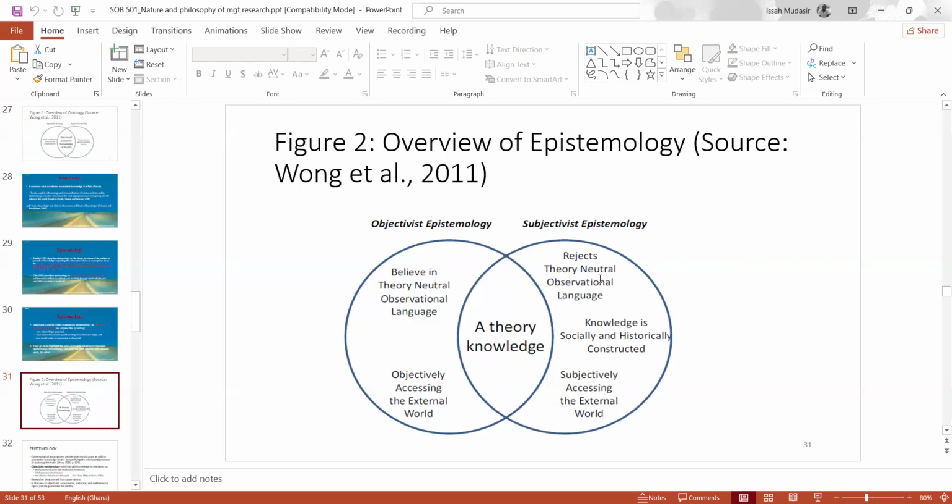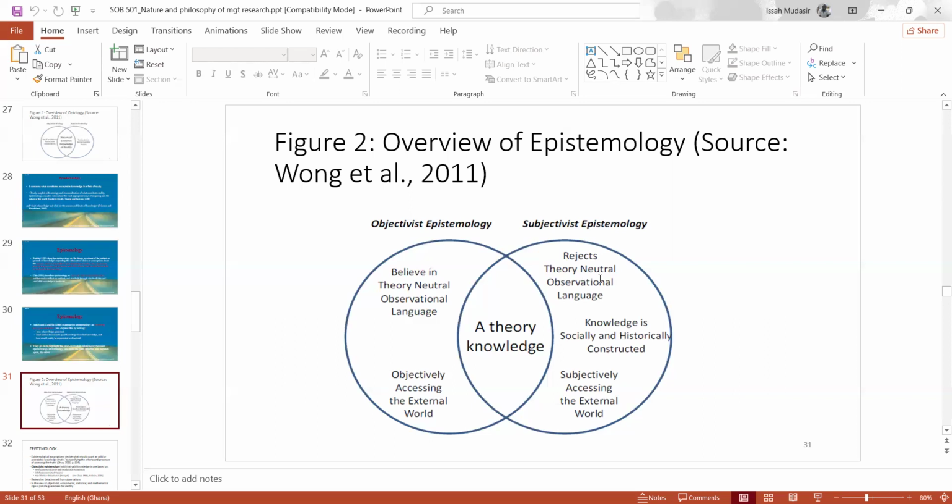They believe that we must subjectively access the external world. In other words, when we talk about subjectivist epistemology, they believe that what is there to be investigated is impacted by social interactions, by historicities and other intervening factors, which make it difficult for us to have an objective picture of what the situation is.